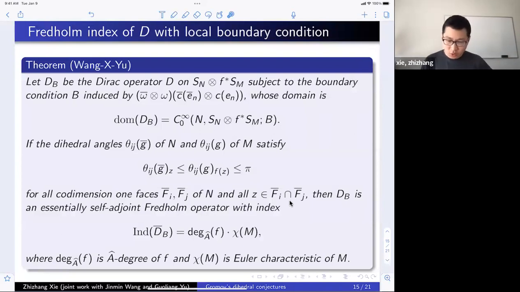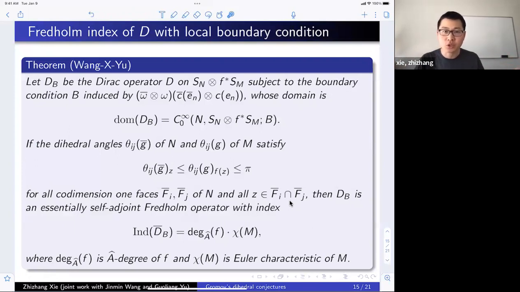So that's the next theorem: yes, you can put a boundary condition. This is a local boundary condition that's naturally given by the normal vectors of the faces of these two manifolds. Roughly speaking, if D is just the standard de Rham operator and you put the standard boundary condition, this will be like the absolute or relative boundary condition. The absolute boundary condition means that a form, at the boundary, does not contain the normal direction.